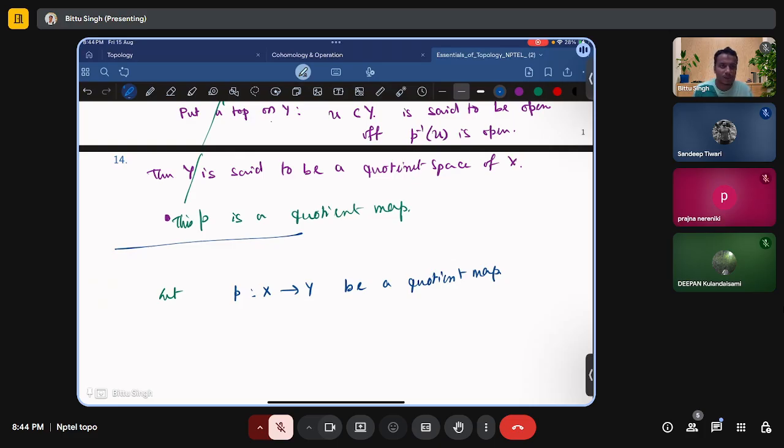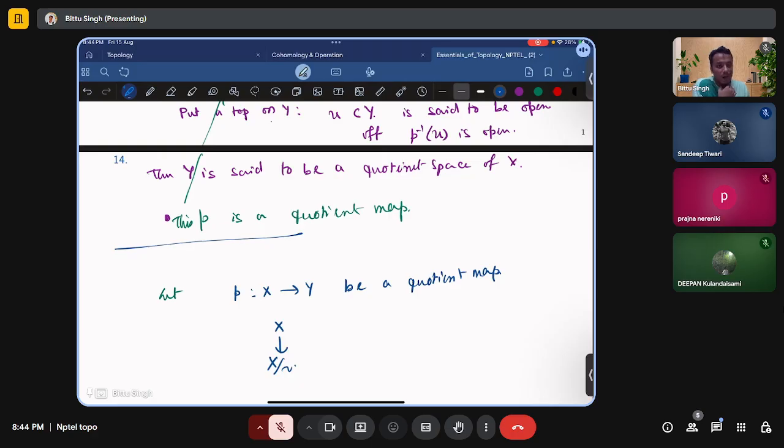Quotient map means it is surjective and it has the property that U is open in Y if and only if P inverse of U is open in X. This is the property. So let P be a quotient map. Then the interesting thing is that this map always factors through X modulo the relation.